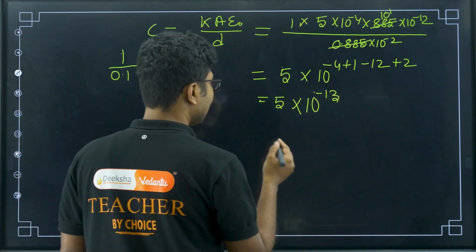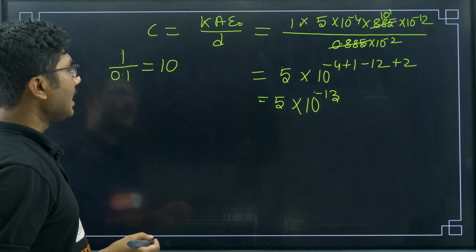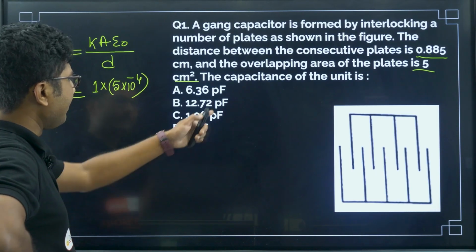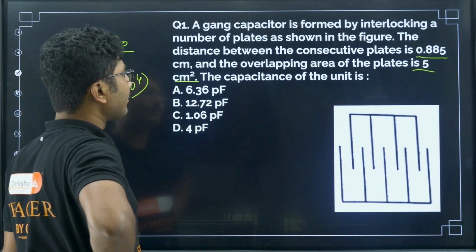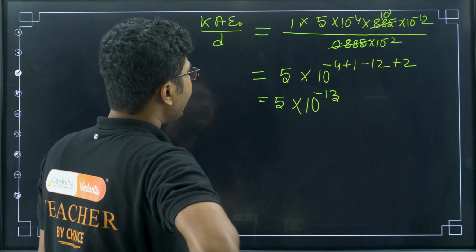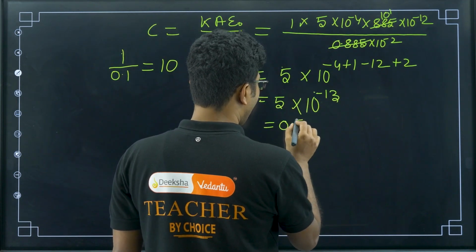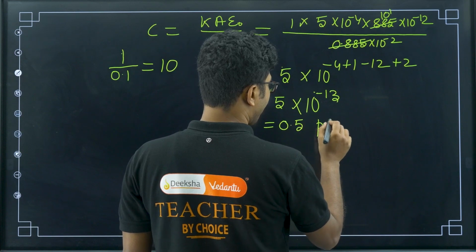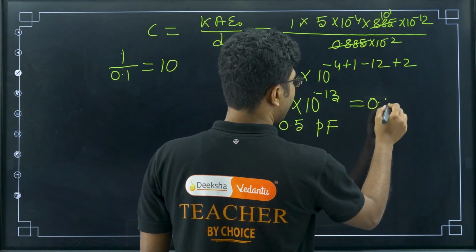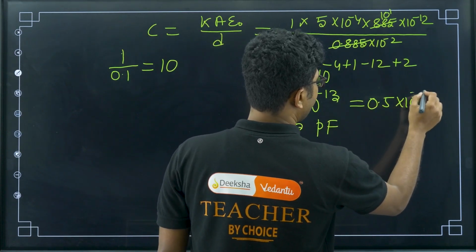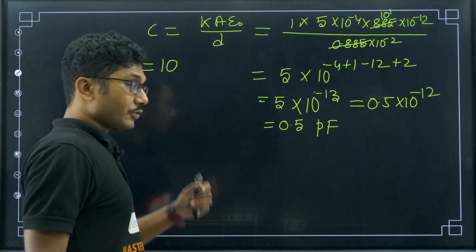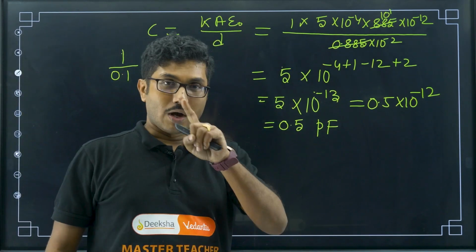But the answers given in our case are in picofarad units. So we will simply consider this as 0.5 picofarad, which is 0.5 times 10 to the power of minus 12. So this is the capacitance of one capacitor.